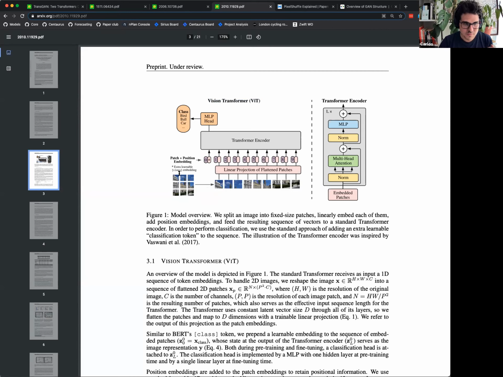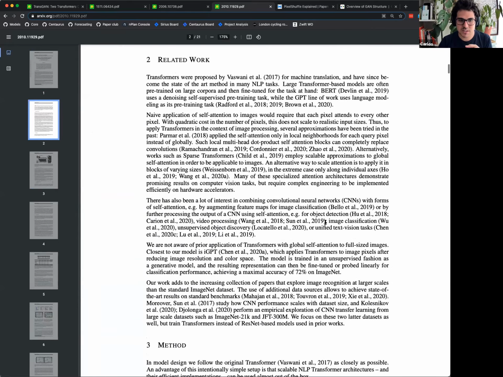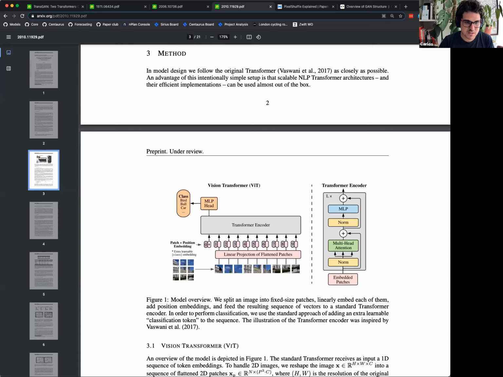So if you have a big image, you divide it in, well, they do 16 by 16. So they divide an image in 16 by 16 megapixels. And then what happens is that this megapixel gets a single spot in the self-attention matrix, and then this one gets another spot.